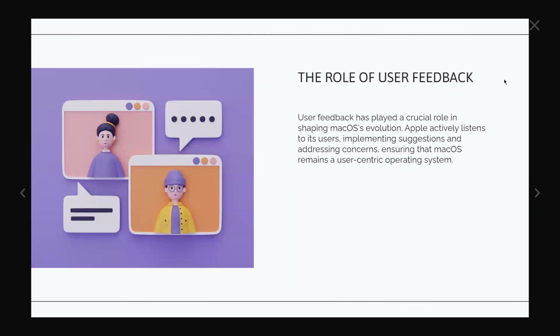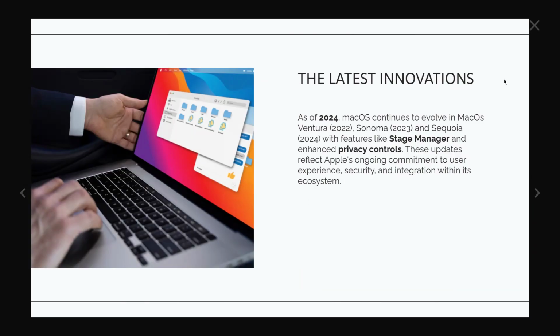The role of user. Okay, first, Apple added Touch ID, which I think is a pretty good thing. And yeah, it's very helpful because without Touch ID, I wouldn't be able to access my laptop easily. In the olden days, MacBooks like the 2017 MacBook Air still used the password.